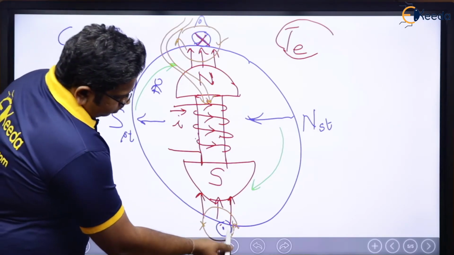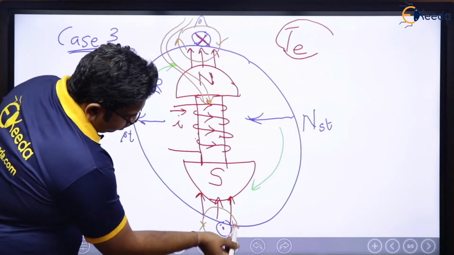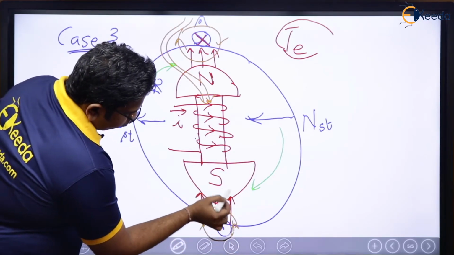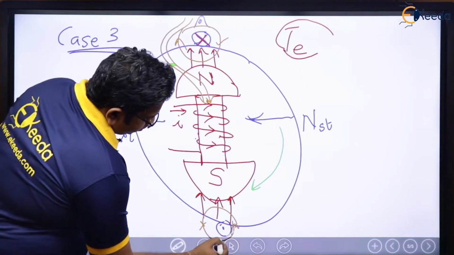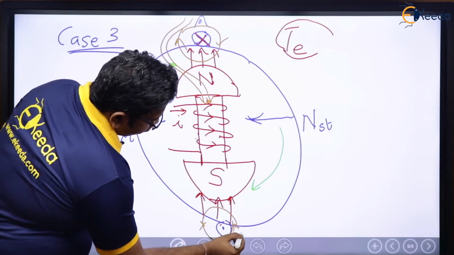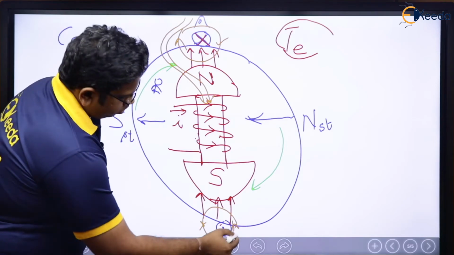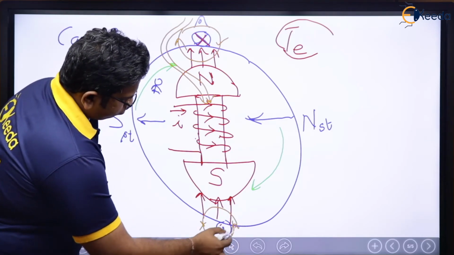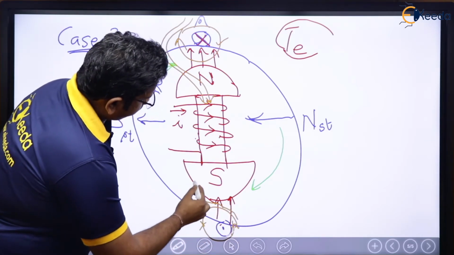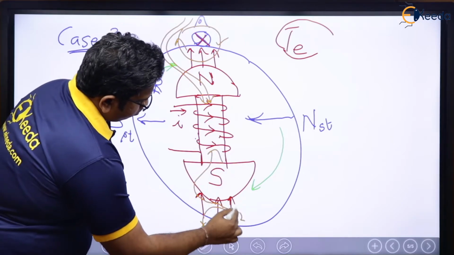Whereas here, this flux of the stator is upwards and rotor flux is also upwards, which means here the flux is going to move like this.